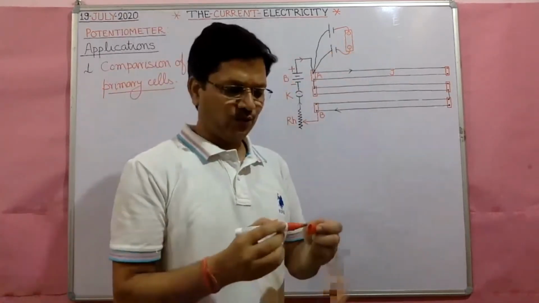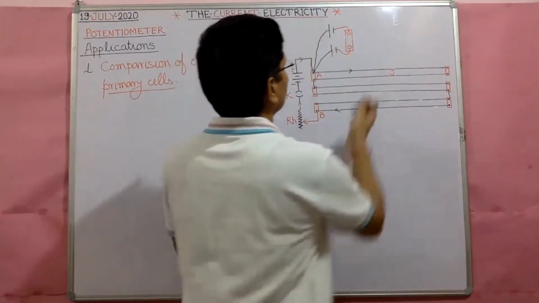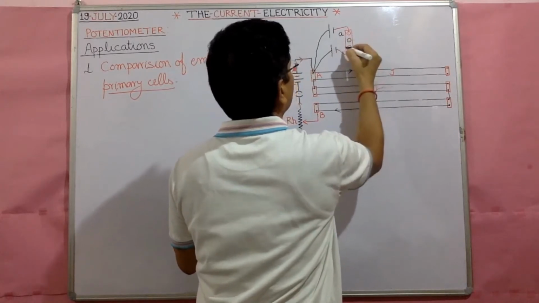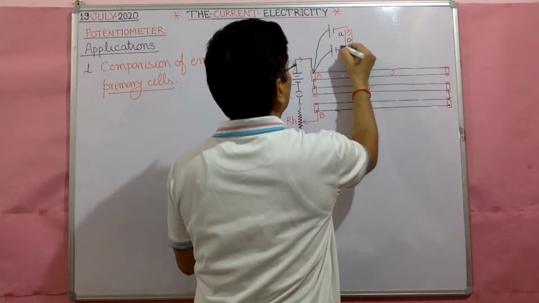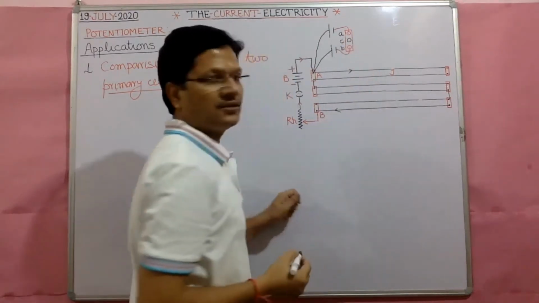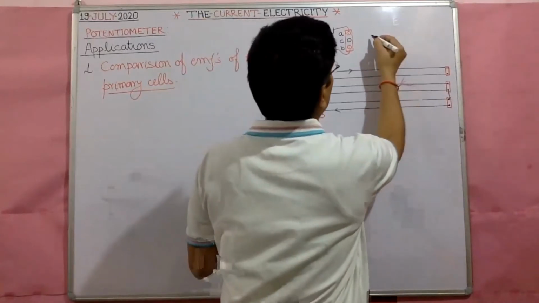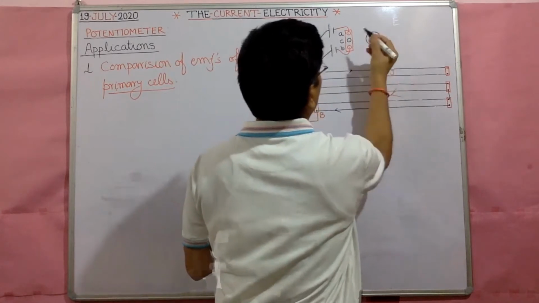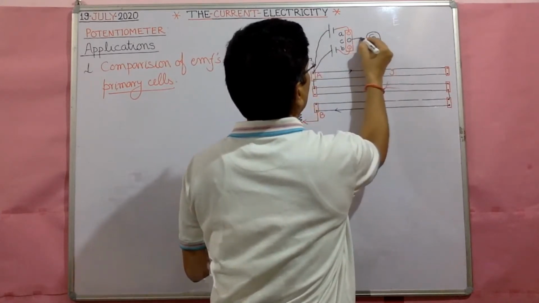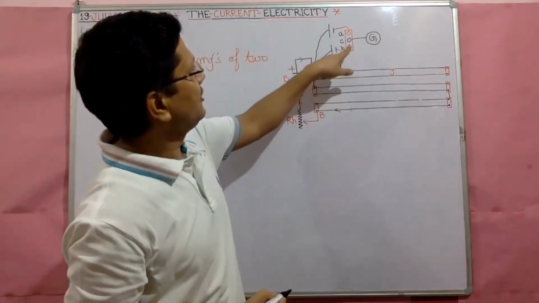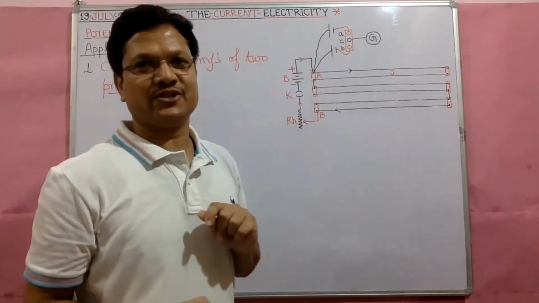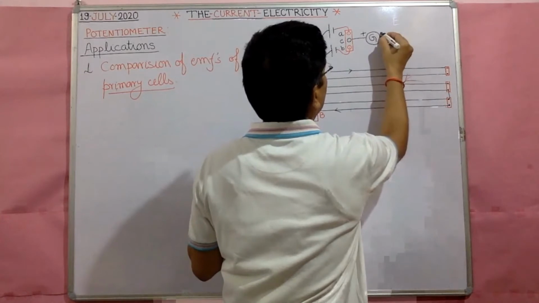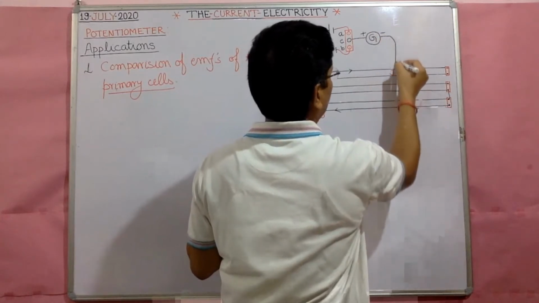This is a two-way switch. Suppose this is switch A, this is switch B, and this is switch C. A galvanometer, you know about the galvanometer. One terminal of the galvanometer is connected to the center point of the two-way switch, and the second terminal, that is the negative terminal, to the jockey.